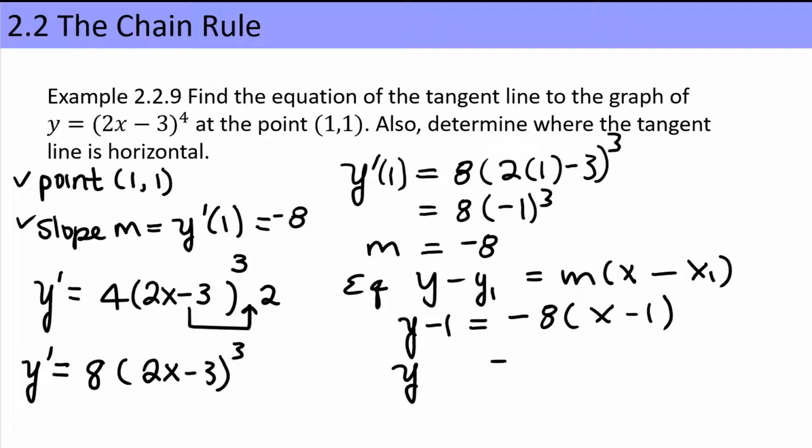We can write y equals negative 8x, distributing. So negative 8 times x is negative 8x. Negative 8 times negative 1 is positive 8. And then add 1 to both sides. So we get 9. The equation of the tangent line is y equals negative 8x plus 9.